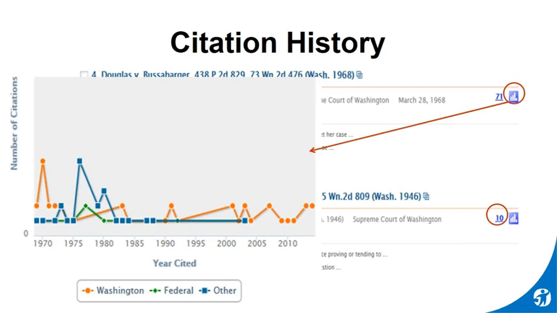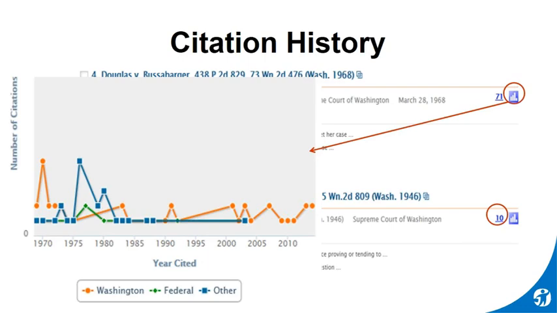So each one of those little dots on that little chart has a number behind it, and it has the cases linked to it. So the higher dots there would be maybe 5 cases or 10 cases, depending on how many times this case is typically cited.